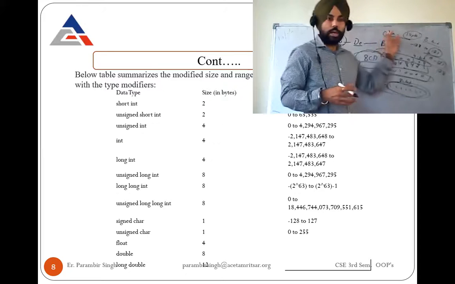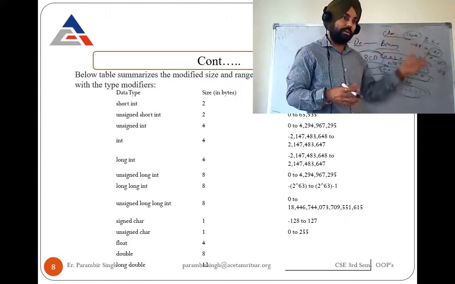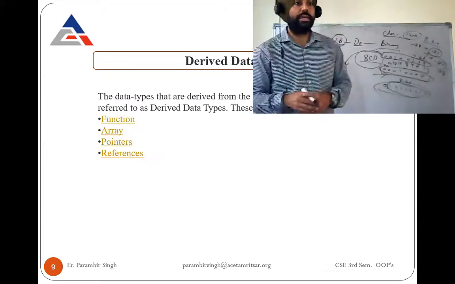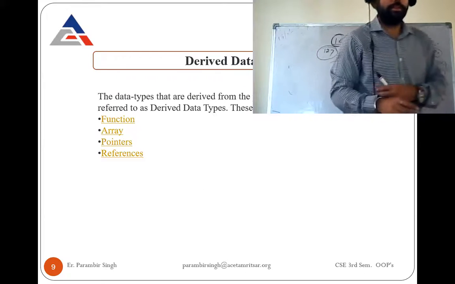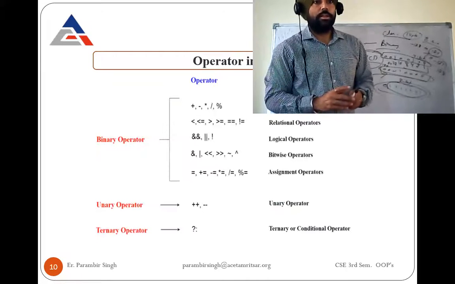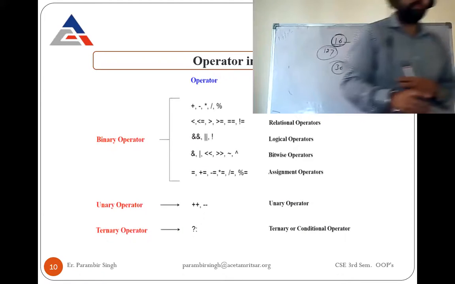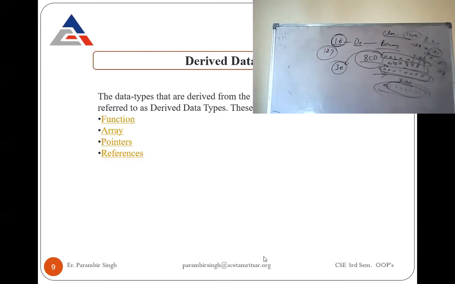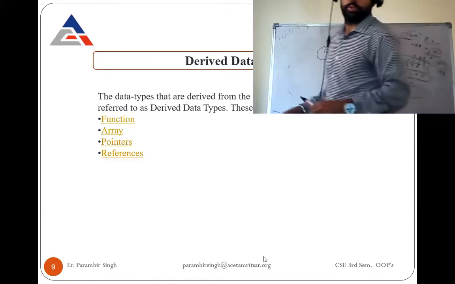Okay, so this is all about the size of the data types. Next we have derived data types.